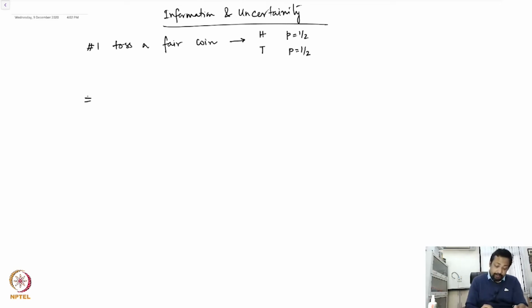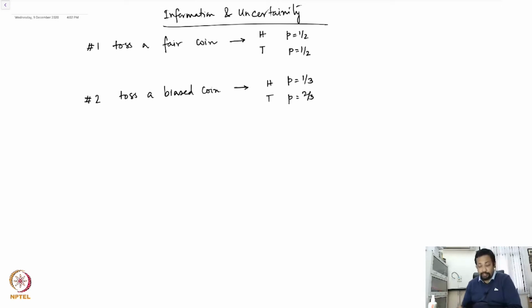The second experiment that I do is toss a biased coin. Now once I toss a biased coin, I will still get the same outcomes, head and tail, but the probabilities will be slightly different, in the sense, let's say P is 1/3 here and P is 2/3 here.